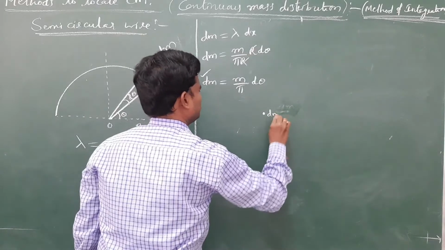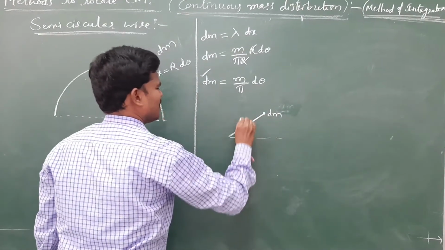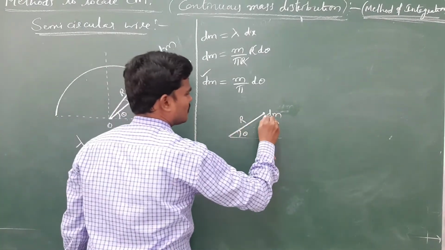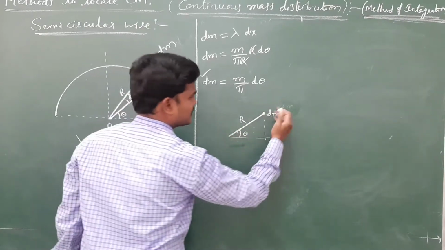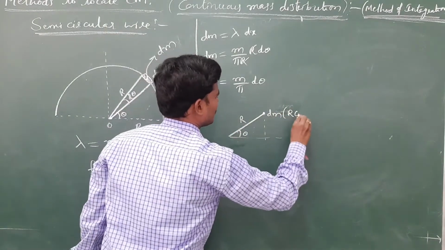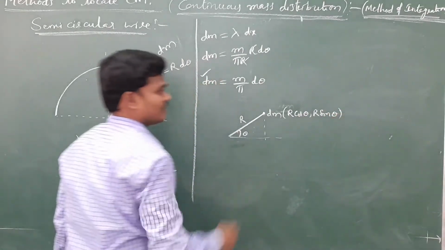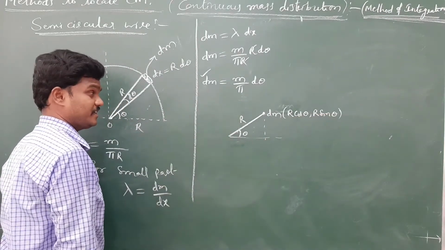See, this is dm, which makes angle theta, and this is the radius vector r. So the coordinates of dm are: x coordinate is r cos theta, y coordinate is r sin theta.